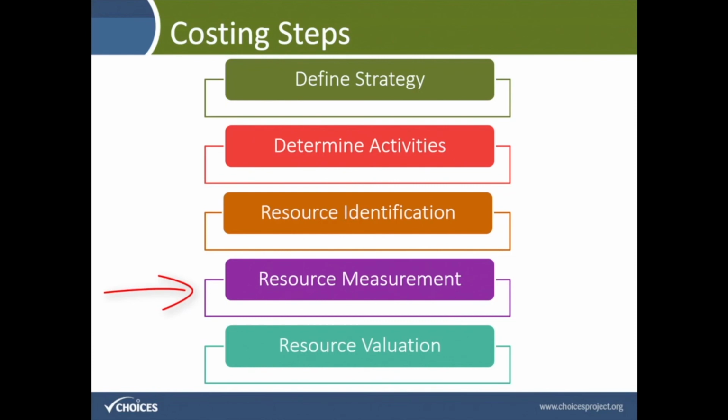So an easy way to think about that is the hours of labor, for example, or the number of playground equipment that need to be purchased, or the number of NAP SACC manuals. And then the very last step is resource valuation. And most of the time we're going to value the resources based on a unit price, a market price.